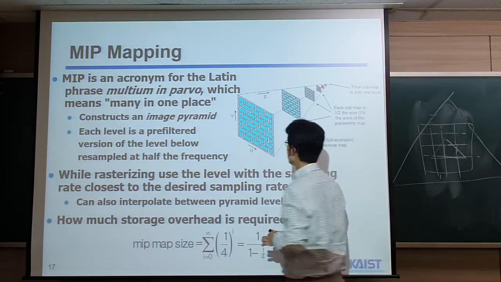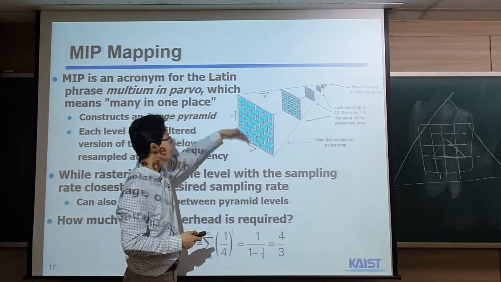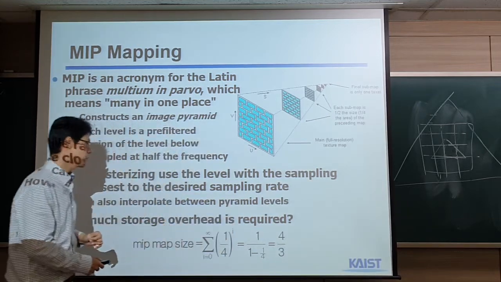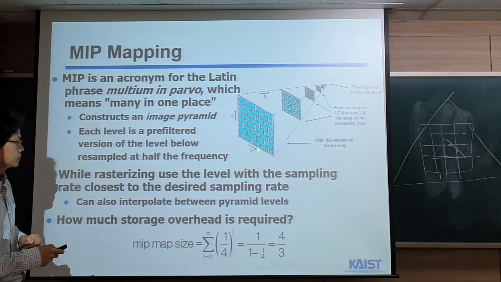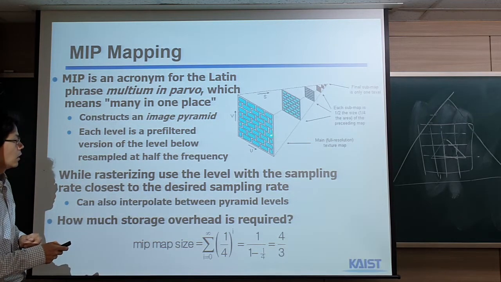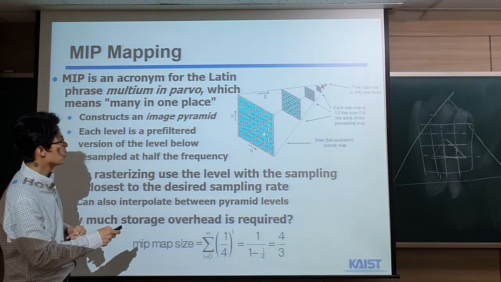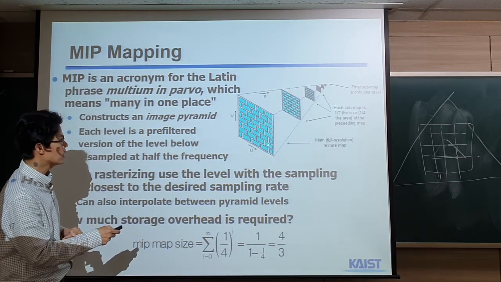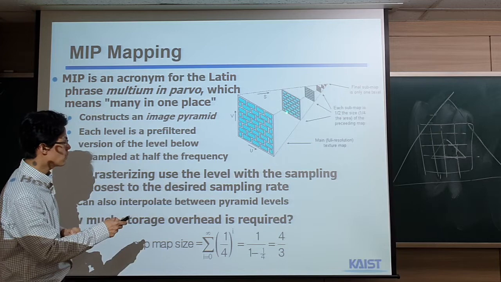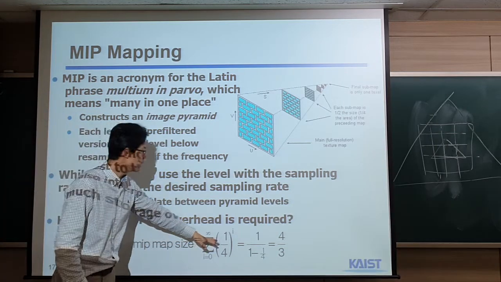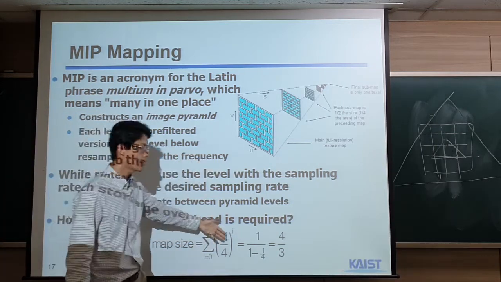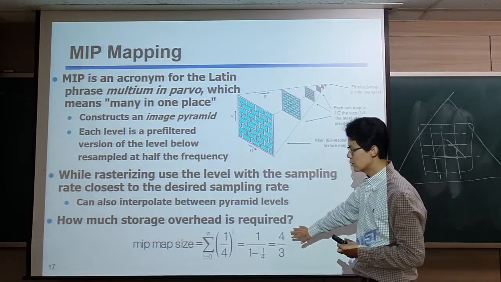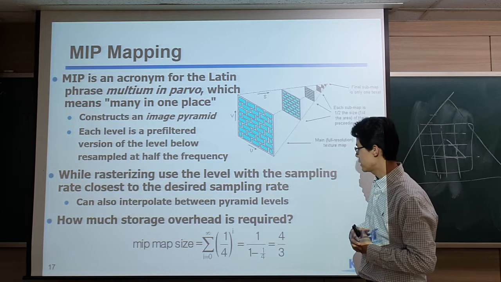Then you can see that on top of the original texture, we are using additional levels. Given this original one, we reduce half and half in width and height. If we keep doing that, it turns out the total memory required is 4/3.